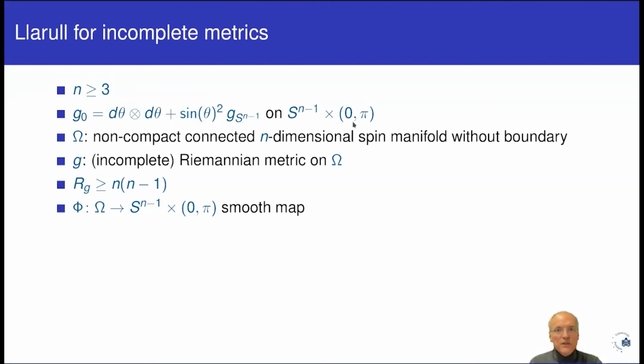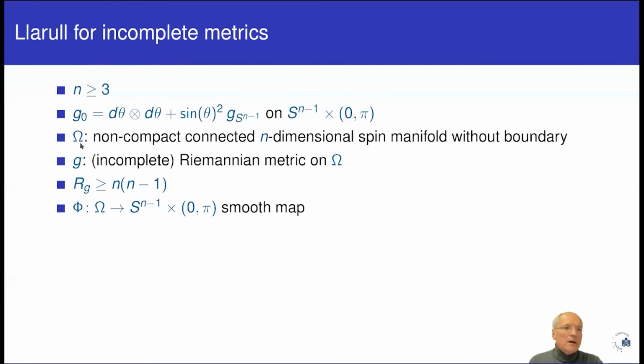So this is the sphere with the north and the south pole removed, written as a warped product metric. So in that sense, it's a very special case of the previous situation because only the sine function is allowed. But we are no longer in the compact case, because we have an open interval here. So it's just the standard sphere with north and south pole removed.